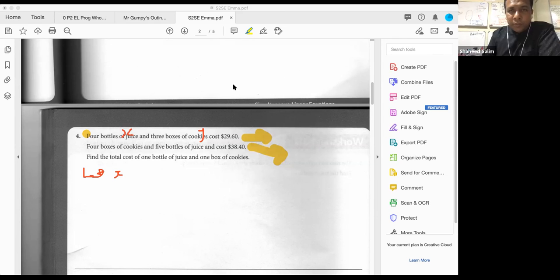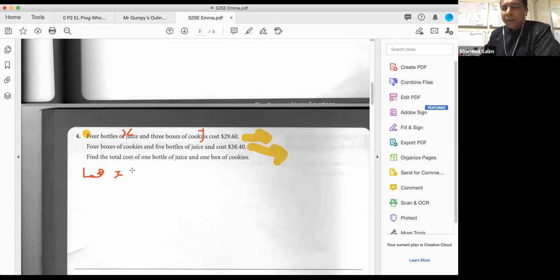Emma, if you read carefully, they are trying to play a trick on you. You don't need to find each one, but you need to find x plus y. What is x plus y? By right, you don't need to find them separately. You put equation 2 over equation 1.